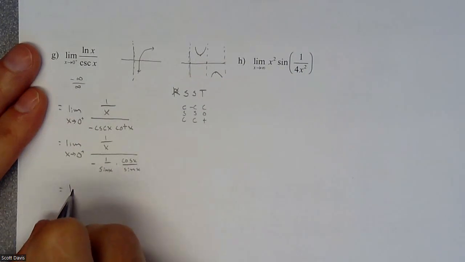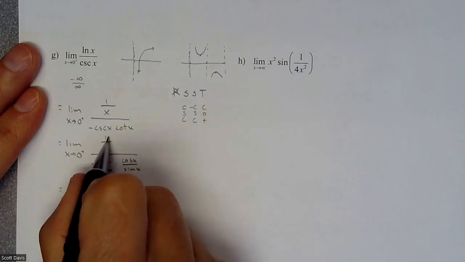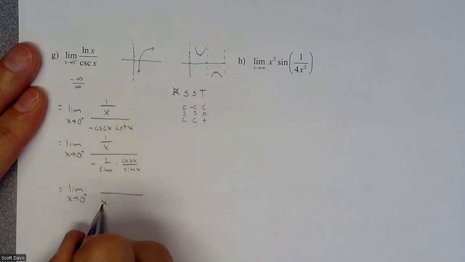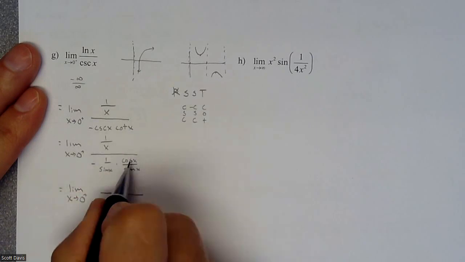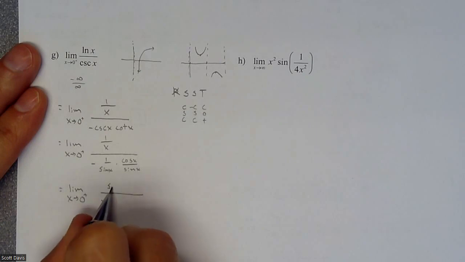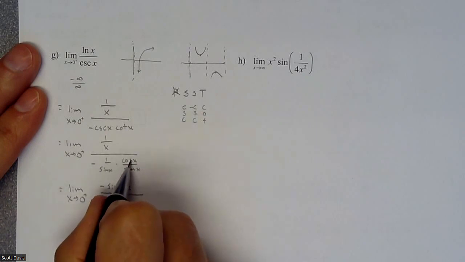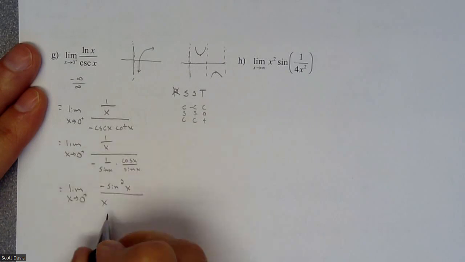So I'm going to take my limit as x approaches 0 from the right. And this x is going to be in the denominator. I'm going to multiply by the reciprocal, so these sines will come to the top with their negative, and then the cosine is going to be in the denominator with the x.